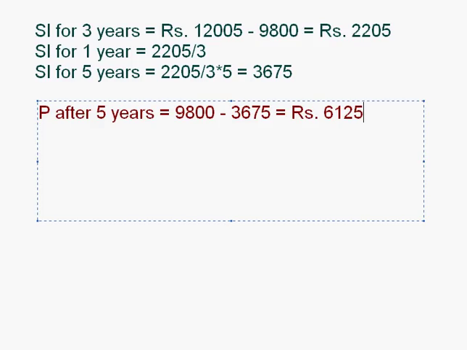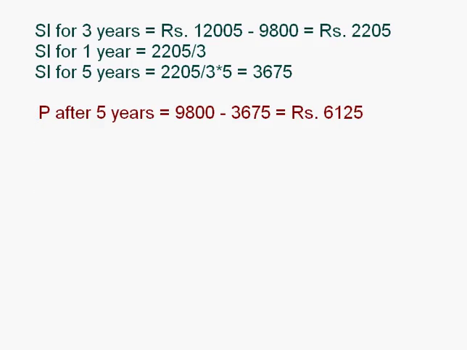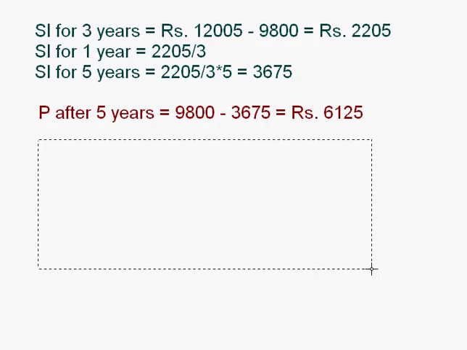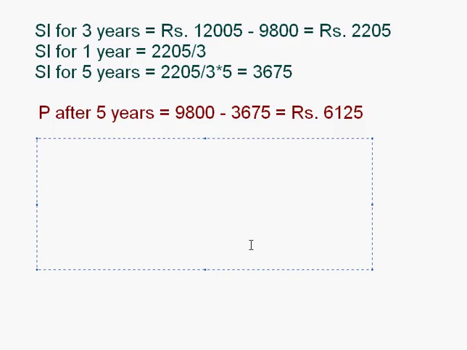Now we know everything that would help us calculate the correct answer for our question. Now we got P, so we'll use the basic formula simple interest is equal to PRT upon 100. So we need to put in all the values. What is the simple interest for 5 years? It is 3675, right? What is the principal?